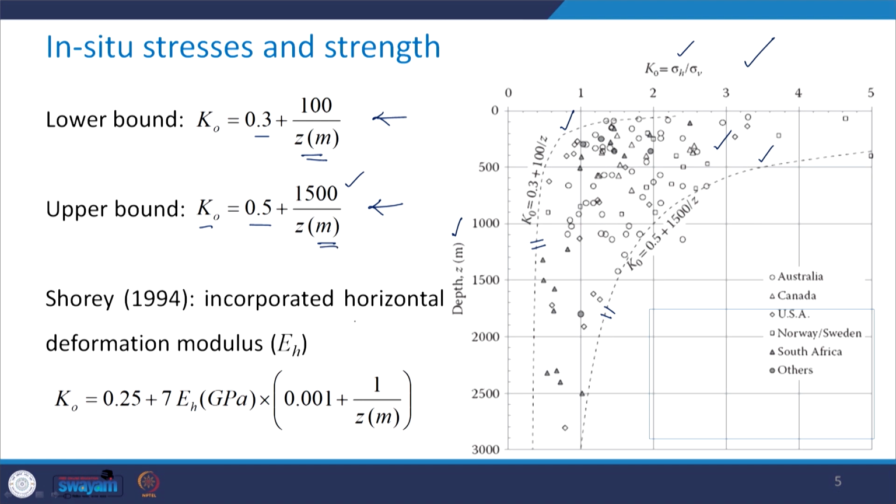Later on, a few research workers pursued this study further, and some of them incorporated the horizontal deformation modulus in the manner represented by this expression, and they tried to obtain the coefficient of lateral earth pressure using this expression, which is also a function of horizontal deformation modulus.